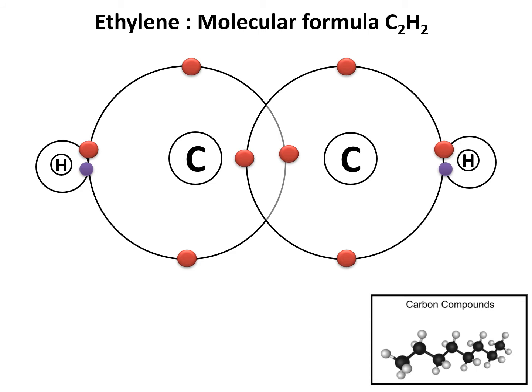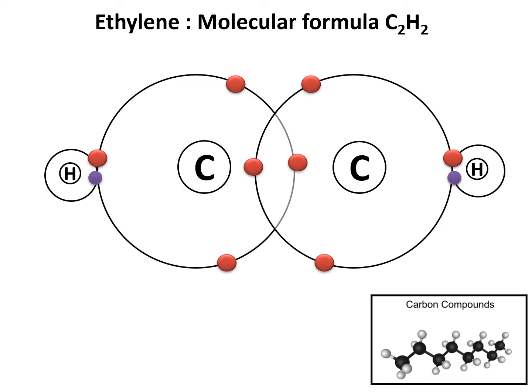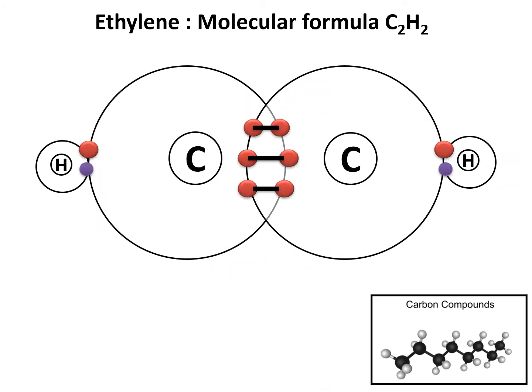Now if you see, there are two electrons left on the first carbon atom and two electrons left on the second carbon atom. These two pairs of electrons, to complete the electronic configuration and the tetravalency, will come together and form bonds between each other, and we get three pairs of shared electrons, that is a triple bond between the two carbon atoms.